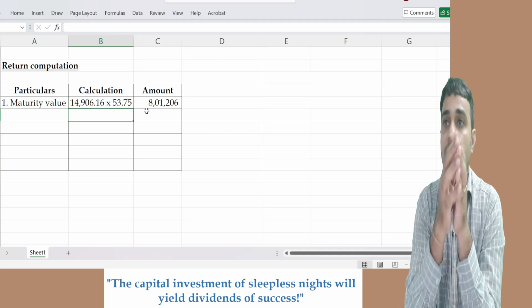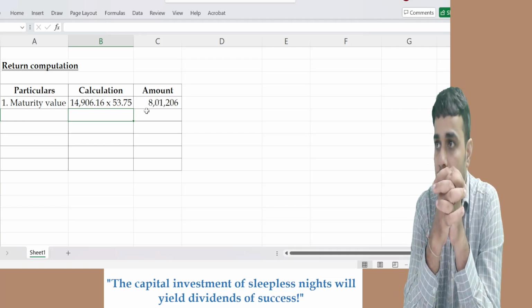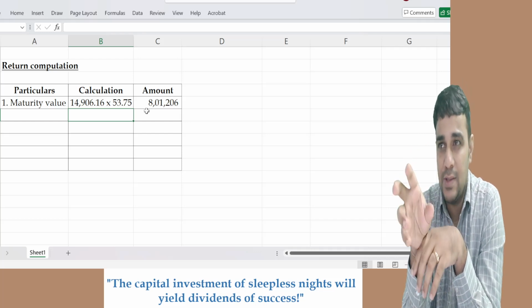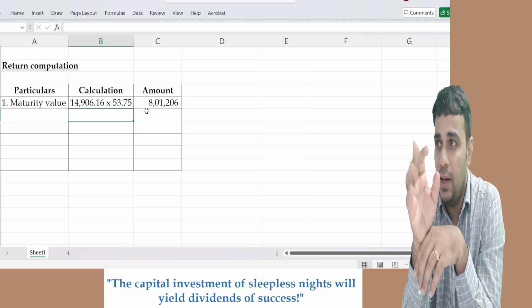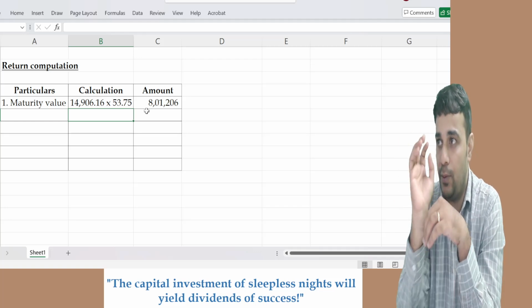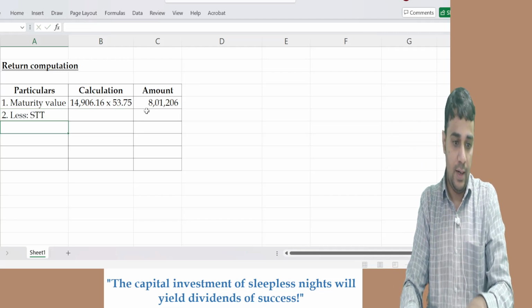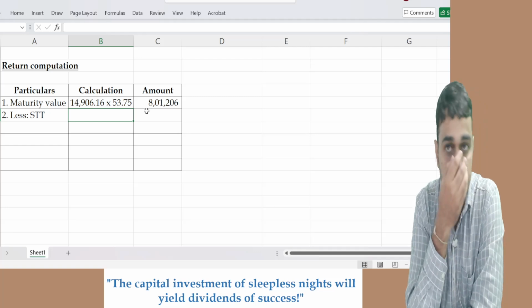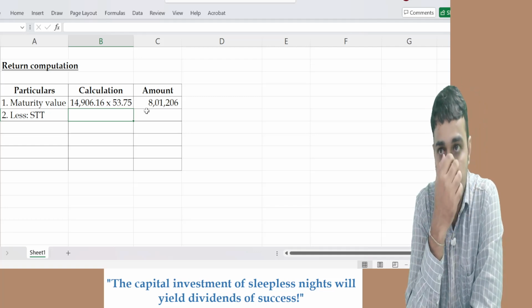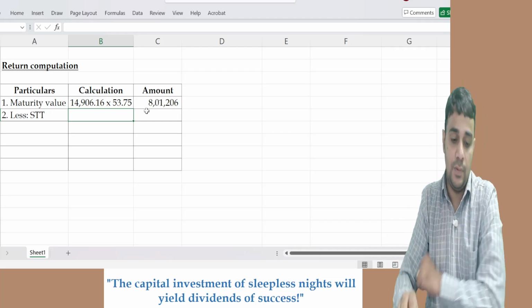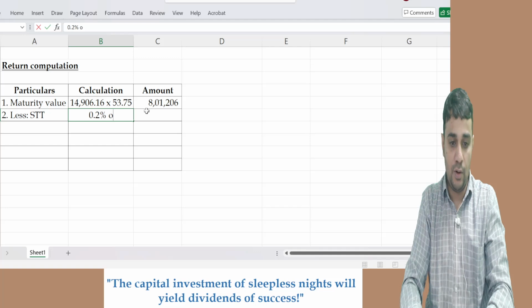If securities transaction tax was not there, and LTCG was not there, directly the formula: closing value minus the opening value, divided by amount invested, into 12 by M, into 100, you will get the annualized return. Point number 2, less STT, less securities transaction tax. What is the STT rate? 0.2% of 801,206.